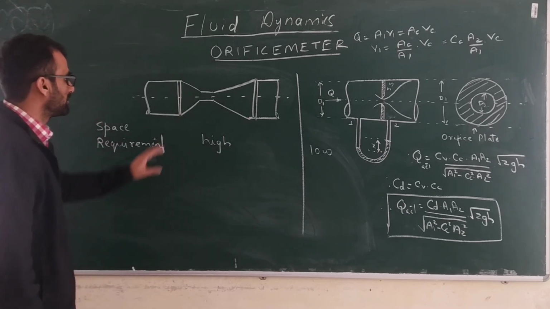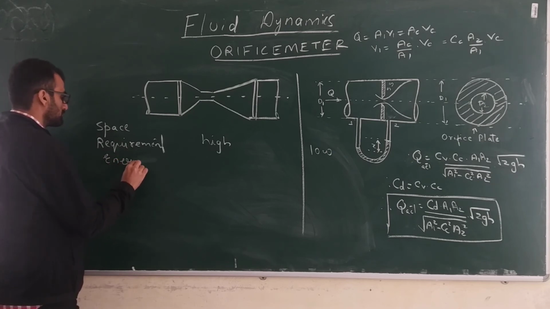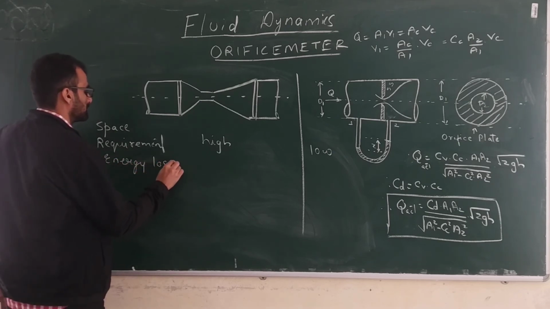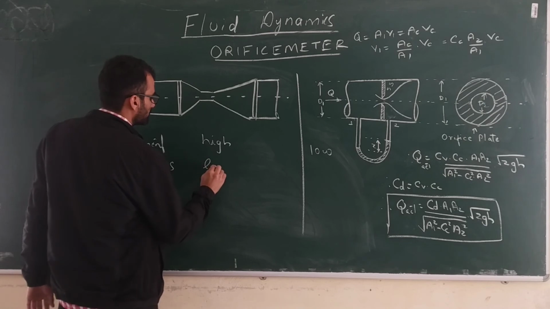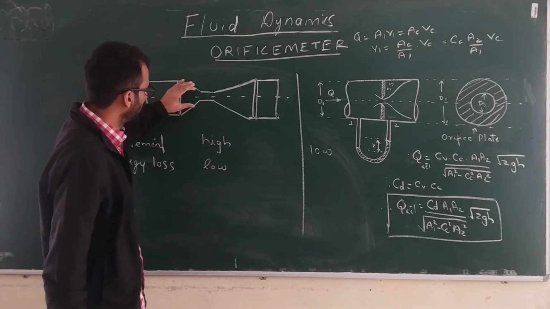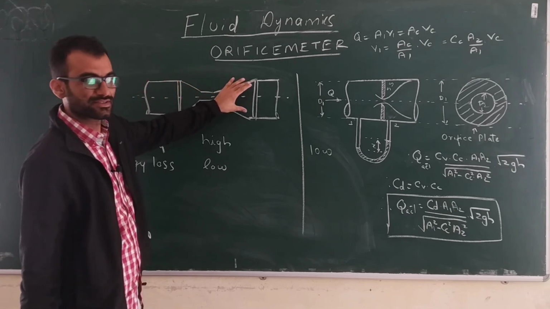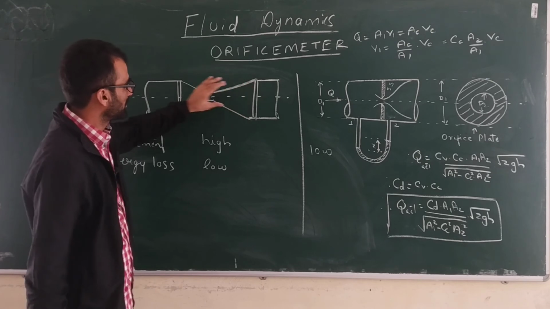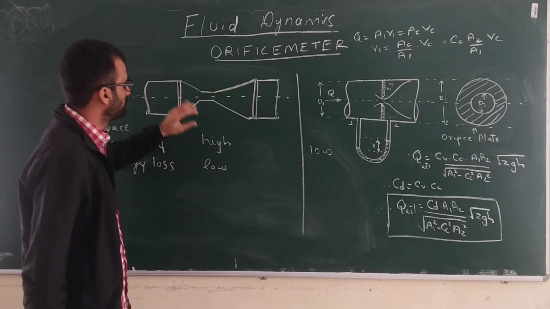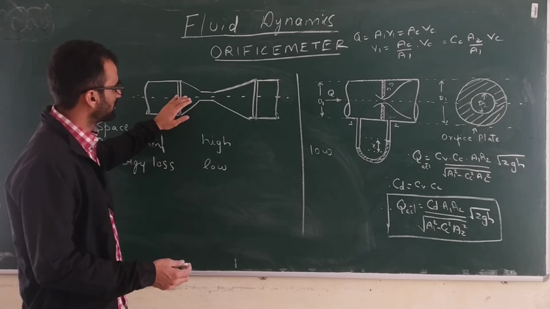Okay, now about the energy losses. Energy losses are very low in case of a venturimeter. Why? Because you have gradual contraction and then even more gradual expansion. So flow will not separate, and the energy losses will be only because of some viscous dissipation, which is very low.